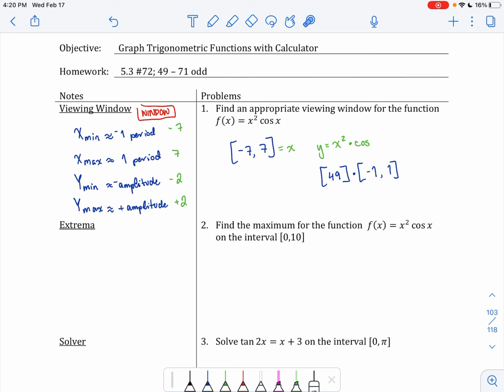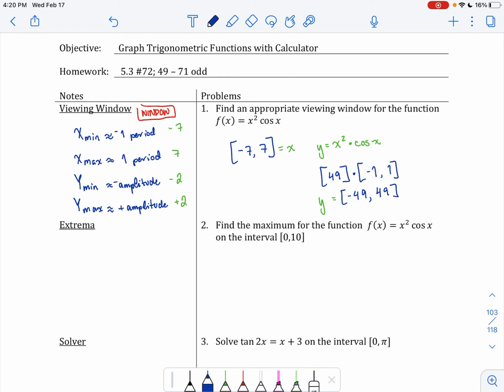Basically what this x squared does is make a lot of these values bigger because we're multiplying it. And so for my y values, I am going to say -49 to +49 is going to be adequate. If you wanted to type in -50 to 50, all of these are appropriate.